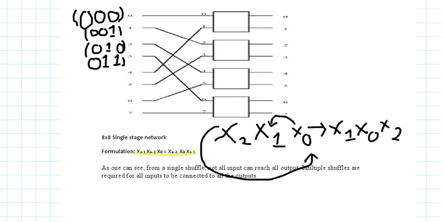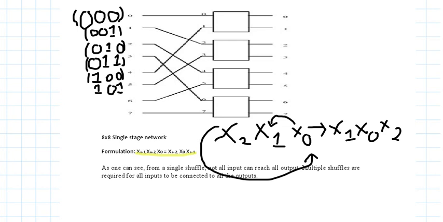The address for the fifth processor is 4, so its binary representation becomes 1, 0, 0. The address for the sixth processor is 5 in decimal format, so its binary representation is 1, 0, 1.